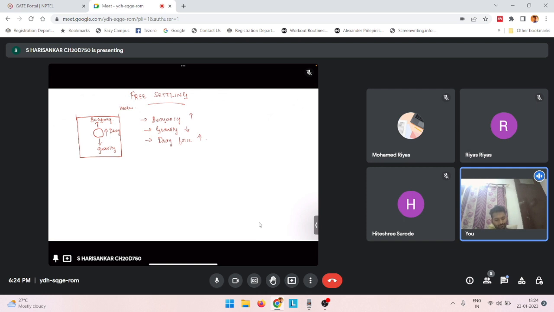The net force consists of these three forces. So net force will be equal to gravity minus buoyancy, because these are in opposite directions, minus drag force.